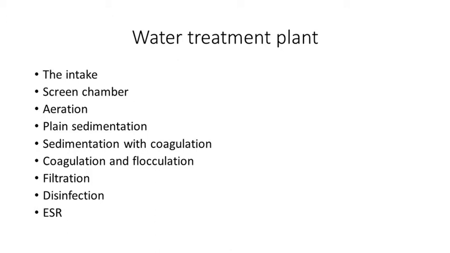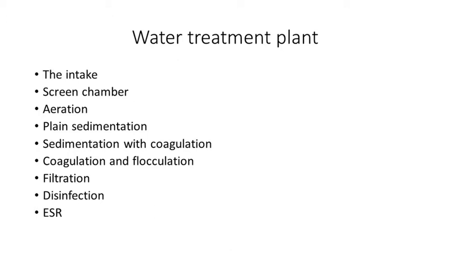So it is necessary to remove the larger floating solids before the water is transferred to the next treatment, which may be aeration, sedimentation, coagulation, disinfection, or filtration. The screen chamber is the first unit where we remove the larger floating solids.